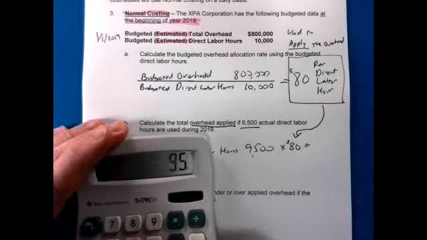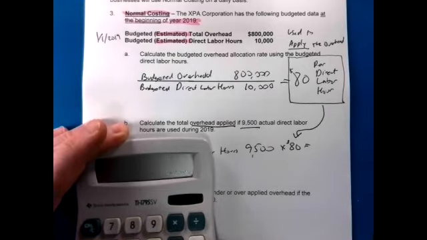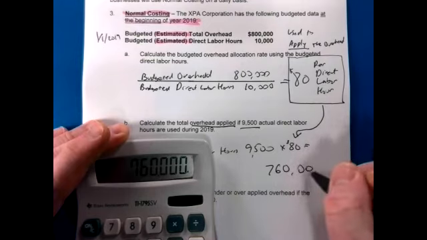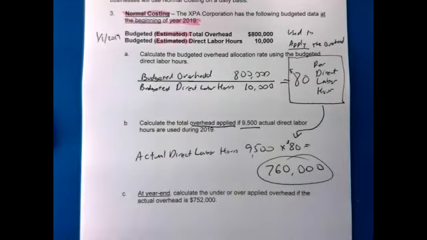So 9,500 times 80. So $760,000 was applied.